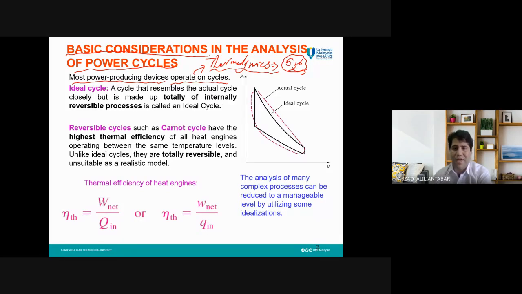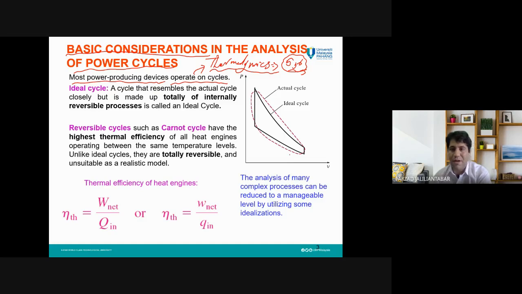But for the cycle, if we want to show a cycle on a PV diagram, like what you can see here, a cycle should be something like this, a closed area. Why is it closed? Because it has a start and an end, but the start and end are one point, one state.